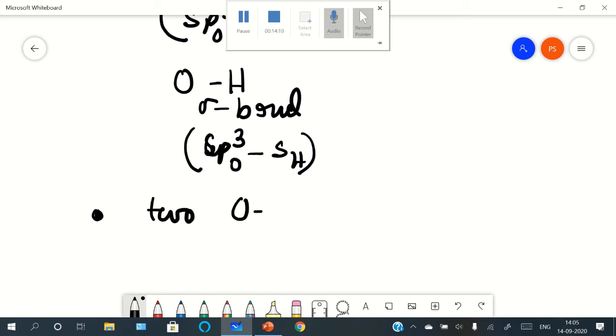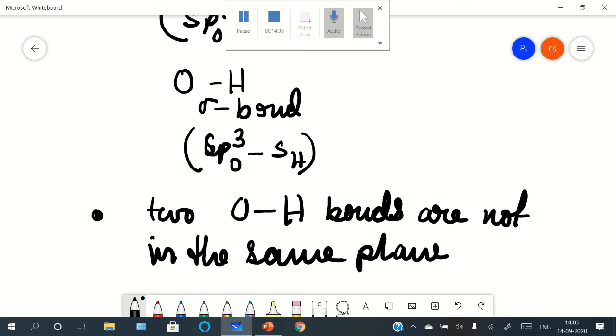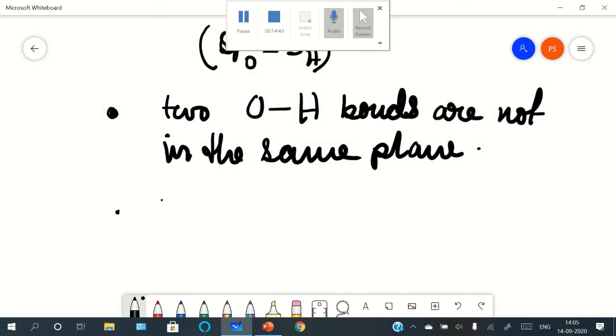The two OH bonds are not in the same plane, creating a dihedral angle of 101.5 degrees in the gaseous state and almost 90 degrees in the solid state. And thus the shape becomes the open book shape.